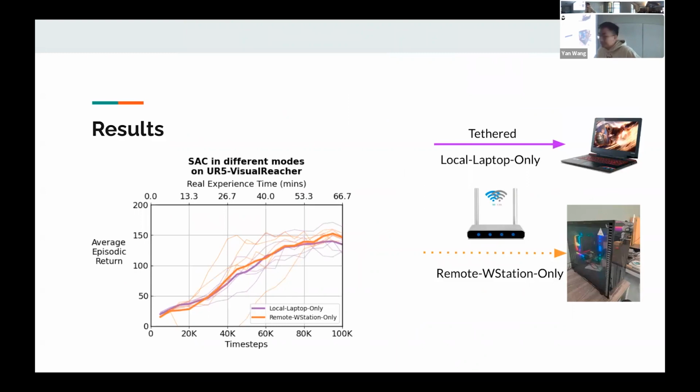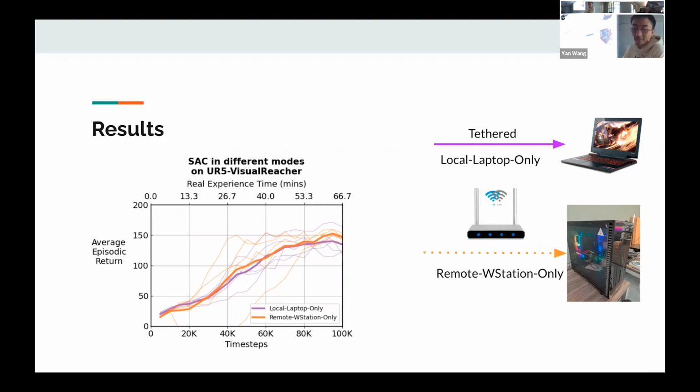The purple curve shows the performance of the local-only stack on the laptop, referred to as the local laptop only. Note that due to the hardware limitation of Jetson Nano, local-only stack was not drawn for Jetson Nano. By comparing the orange curve and the purple curve, we found a counterintuitive result that stack's remote-only mode hardly improved its performance over the local-only mode that runs on a resource-limited computer.